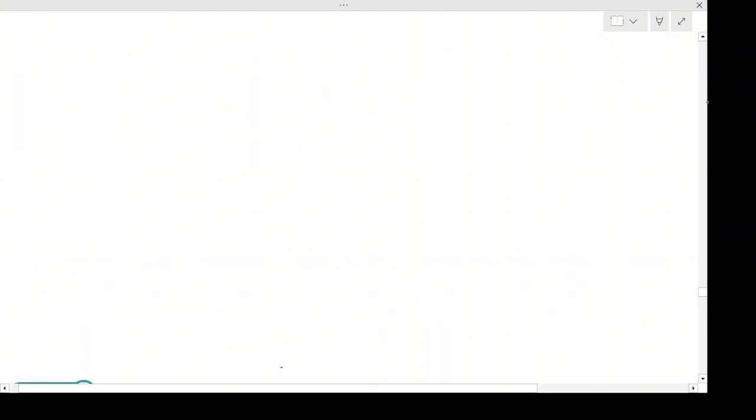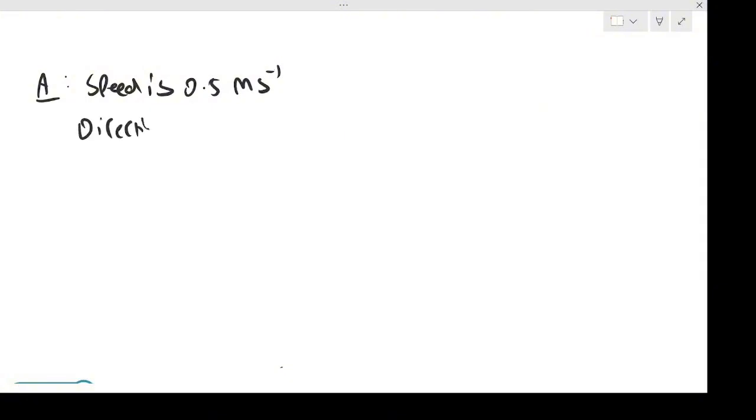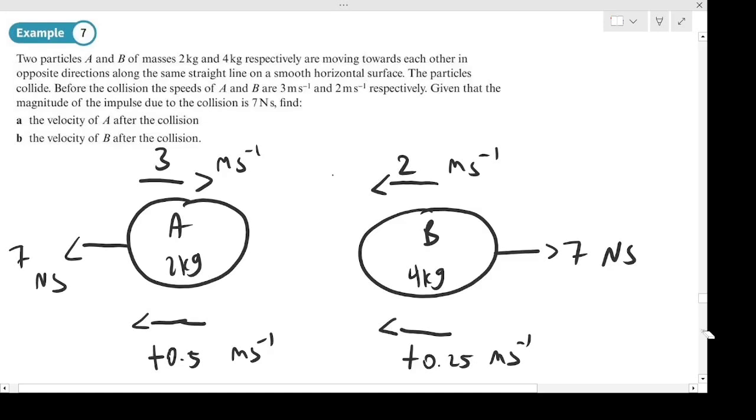So if I do it here then for A. The speed is 0.5 meters per second. Then the direction, because that also matters. Again, I can't say it's going backwards. I can't use language like that. I need to use comparative language.